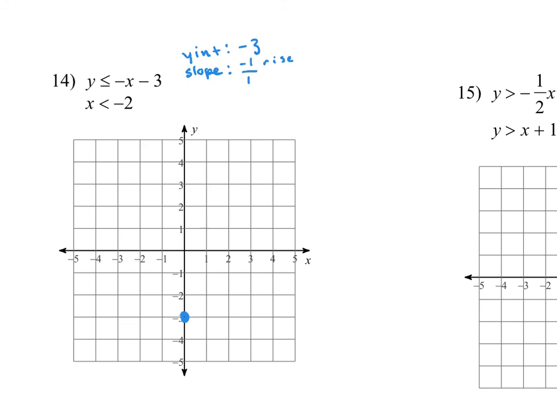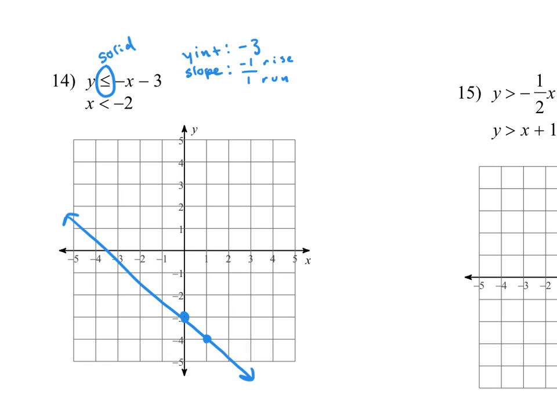So if our rise is negative, are we going up or down? Down. So we go down 1 to the right 1. There's our second point. Do we have a solid line or dotted line? Solid. So we connect our 2 points with a solid line.